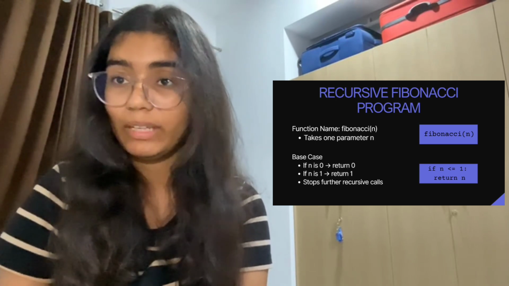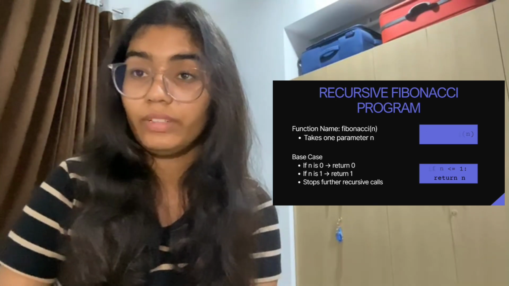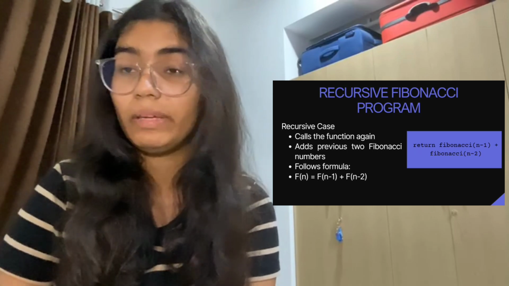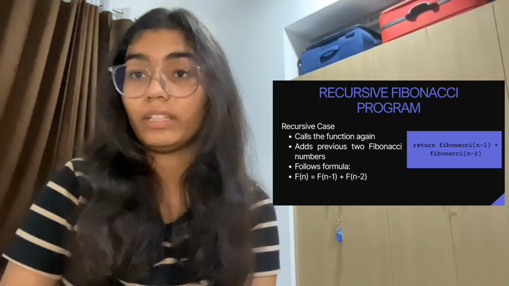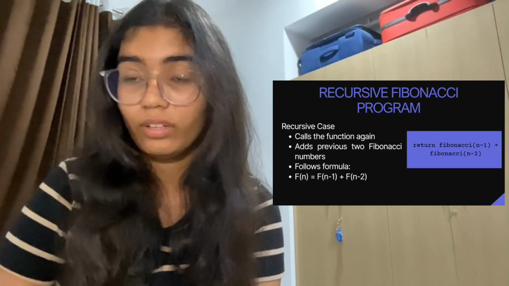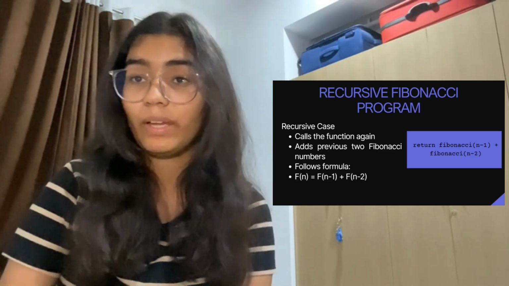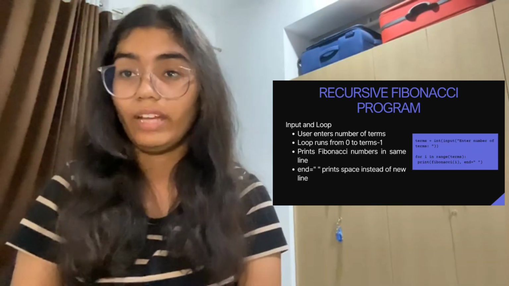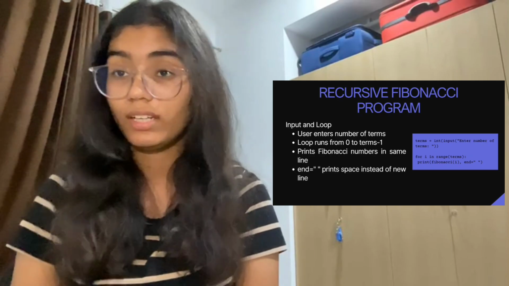So that would be our base case. Now in the else condition, we'll write the recursive case, which is that we'll return the Fibonacci value. Our formula that we have already discussed is fibonacci(n-1) + fibonacci(n-2). Now we have defined a recursive function.